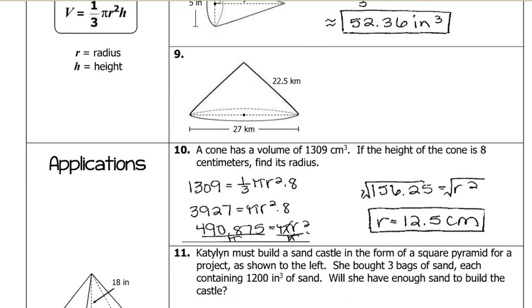So now my volume, just going to write it down again. Volume equals pi r squared times my height all over 3. Now this is what I want to find. I want to find how tall this cone is. What is its height?